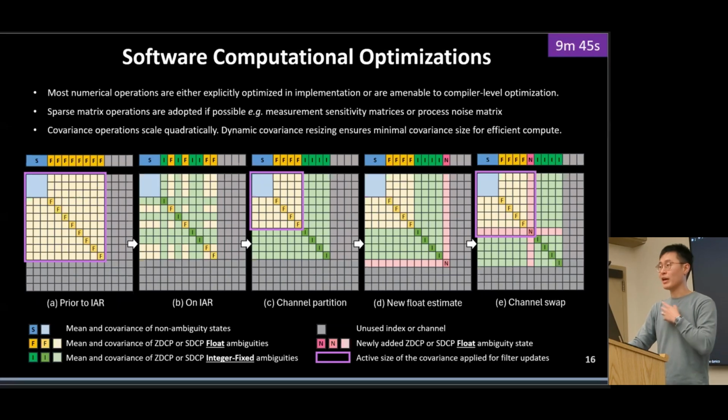So to fix this, we resize the covariance matrix dynamically in flight. This is possible because upon IAR, any fixed integers can be treated as known constants instead of state variables in the state vector. This allows us to resize the covariance to include only the active indices. This results in a significant reduction in compute time.